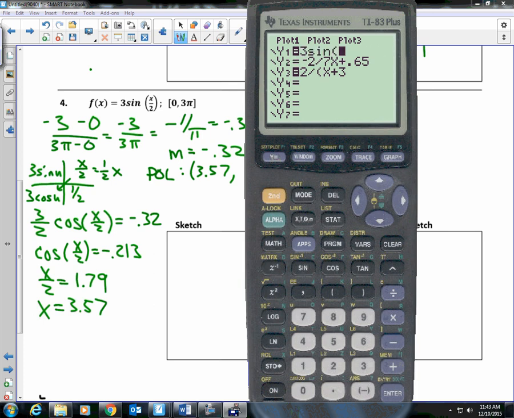We've got 3 sine of x divided by 2, and I'm going to show only a certain portion of it, divided by parentheses x, where x can be greater than or equal to 0.